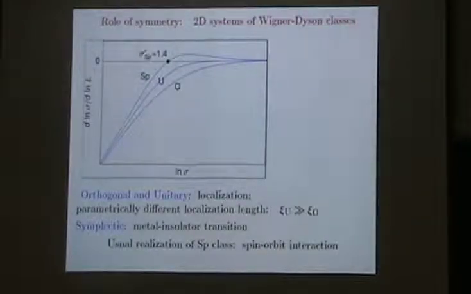So the symmetries. You see now there is a very rich zoo of these theories corresponding to fixed points. Just because now we have, in addition to dimensionality, of course, I explained to you that physics depends on dimensionality. That's clear, but it also depends on the symmetry. And already for Wigner Dyson classes, as we discussed yesterday, what happens depends on symmetries.